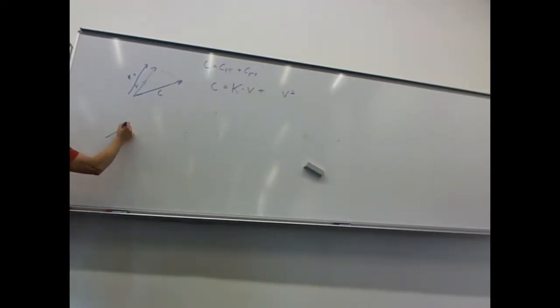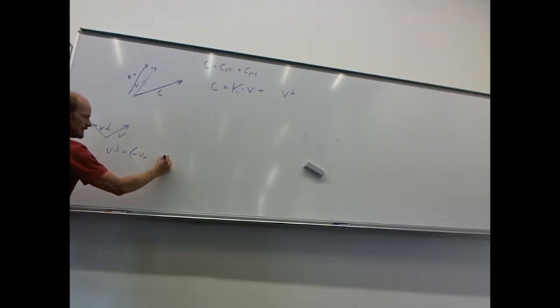We can say if I have v here, then v perp, drawn like this, is the perpendicular vector to v, and v perp equals minus vy, comma vx.